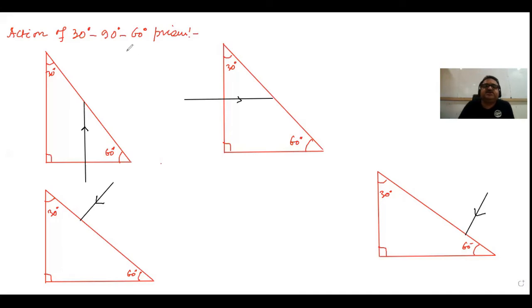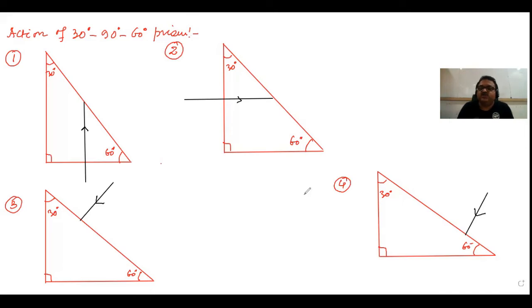Action of 30, 60, 90 prism, correct? So 4 different diagrams are given. We have to complete the path of the light first, correct? So let's start from diagram 1. This diagram 1, this diagram 2, and diagram 3, and diagram 4.